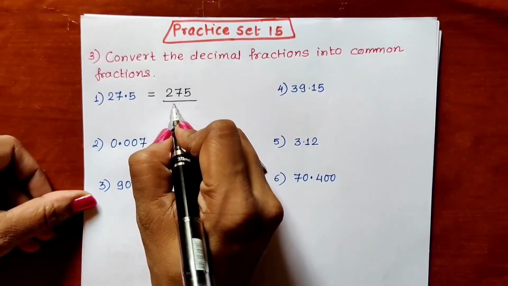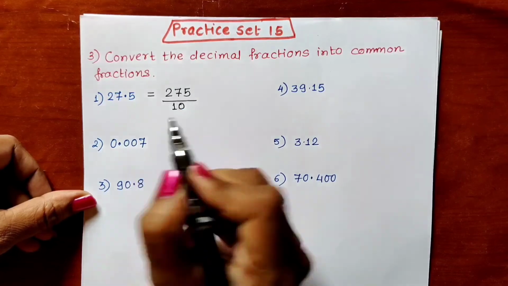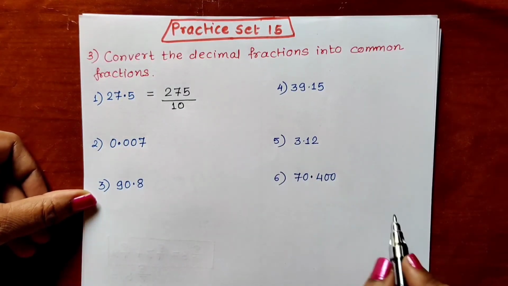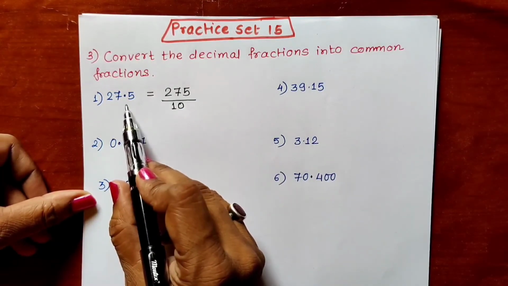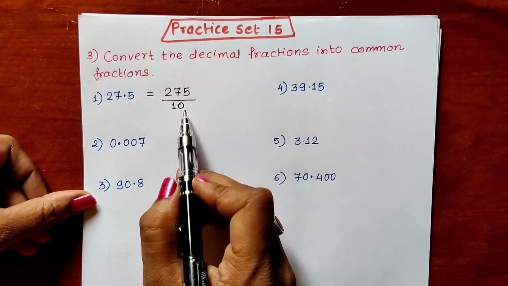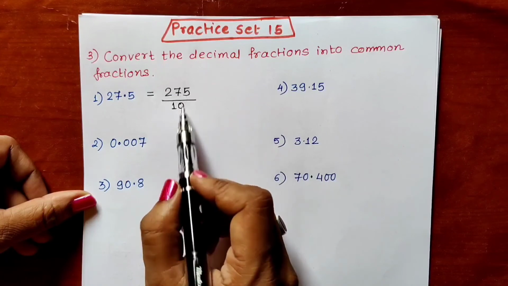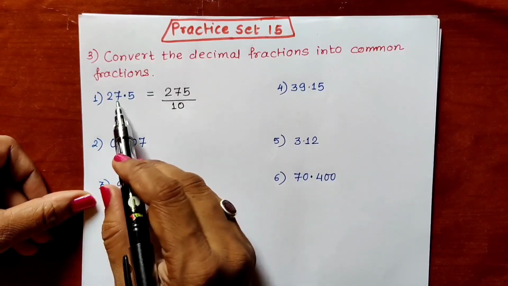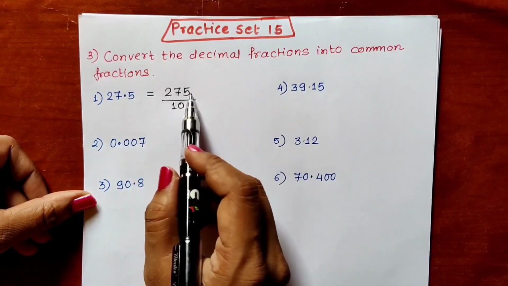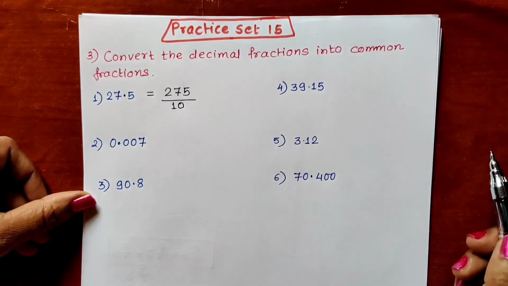So upon, after 1 we write only single 0. So in this way we have converted this decimal fraction into common fraction. 27.5 is equal to 275 upon 10. It is so simple.